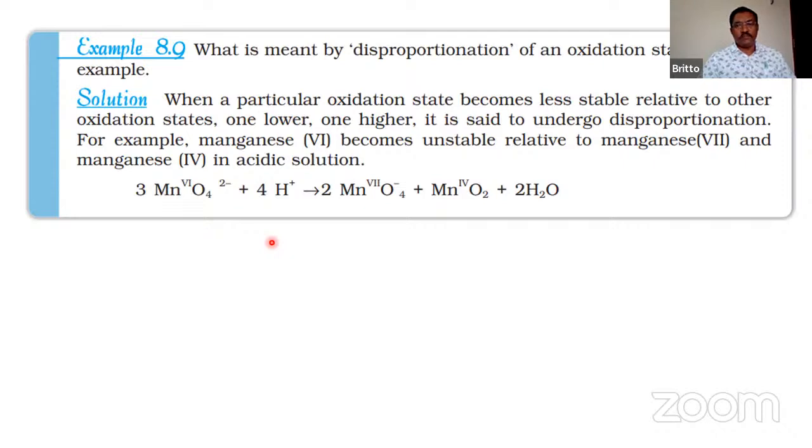Manganate ion in acid medium it disproportionates into permanganate MnO4 ஆகும், MnO2 ஆகும் disproportionate ஆகுது. அதுல பாத்தீங்கன்னா, oxidation state of manganese வந்து manganate ionல 6 plus. So when it undergoes disproportionation, அது என்னவா ரெண்டு manganese compound மாறுது. One is manganate converted into permanganate. அதுல வந்து oxidation state of manganese வந்து +7.